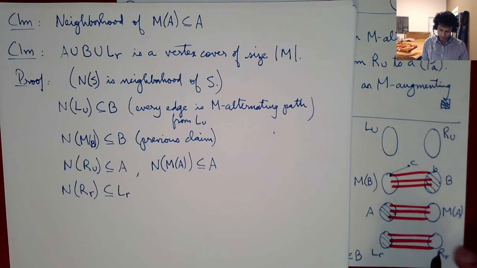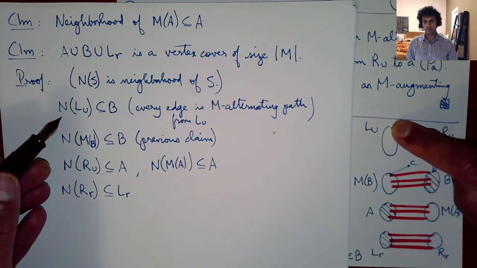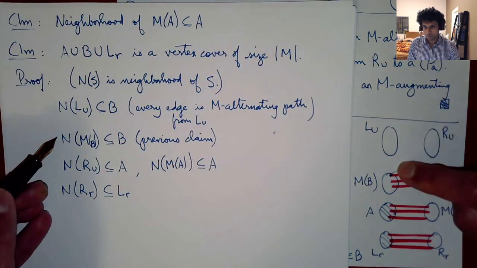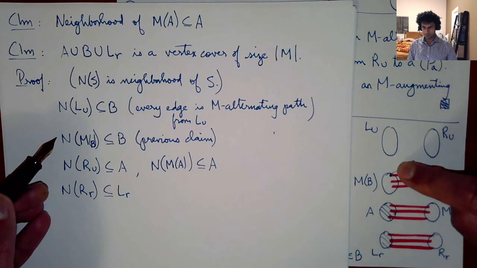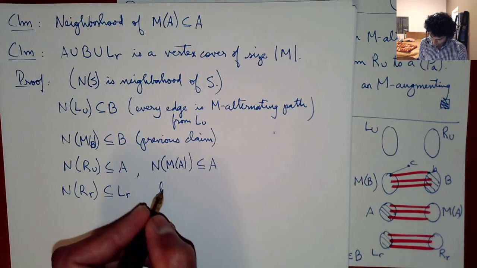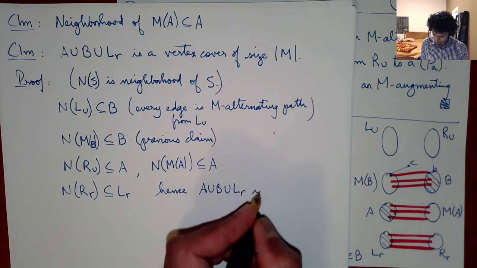There is no other choice because it cannot be a neighbor of LU. We just argued that the neighborhood of LU is in B. It cannot be MB because we argued the neighborhood of MB is in B. So the neighborhood of RR is in LR. So hence, A union B union LR is a vertex cover.